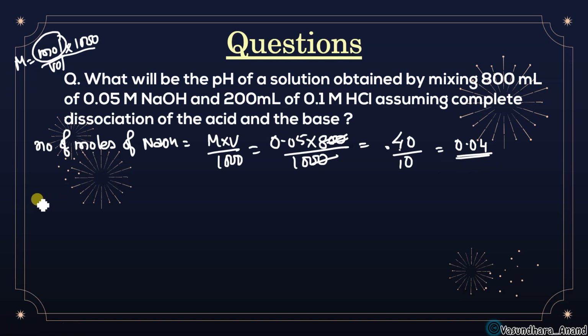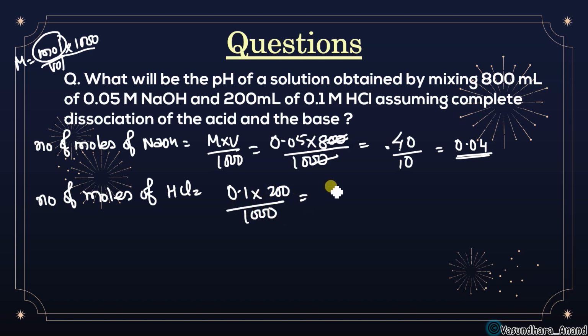And the number of moles of HCl, if you find, it will be 0.1 into 200 ml upon 1000. So this is 0.02, isn't it? So now you can see the total number of moles remaining in the solution.